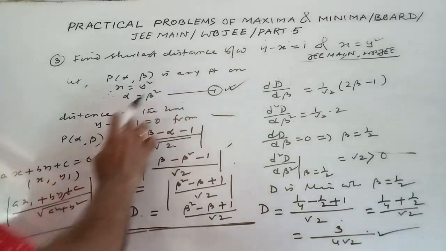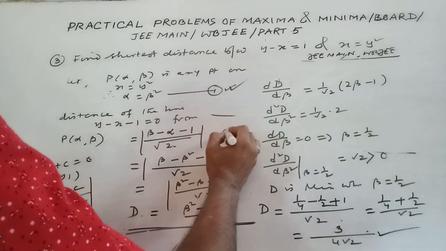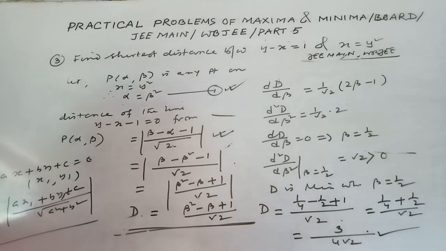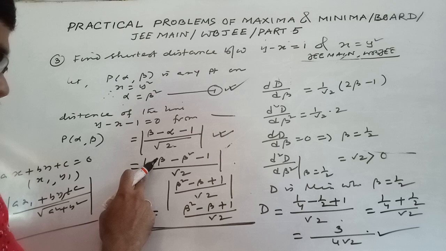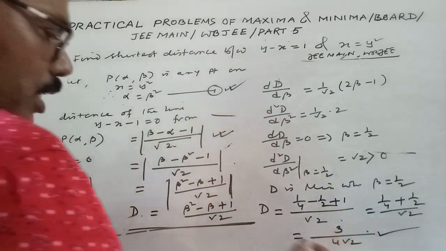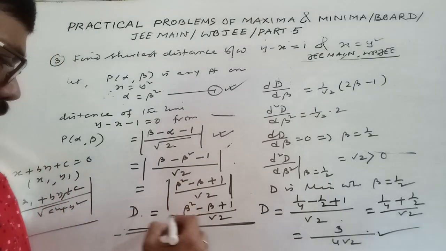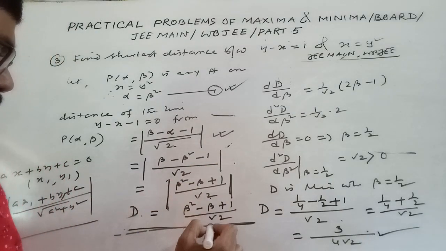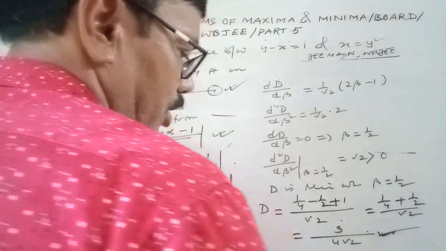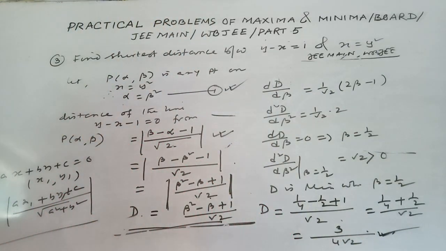So distance of this from P alpha beta is this. So make it single variable using this relation. Now take minus common, then we are taking this one. Now this one is positive, so you can omit modulus sign, then take derivative and you get distance is 3 by 4 root 2.